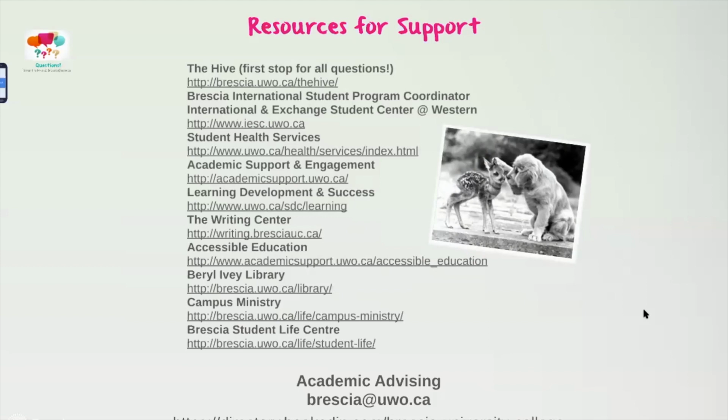Western also houses some other support services like our student health services. They have a medical clinic there where you can meet with a family doctor, as well as different mental health supports too. And then the academic support and engagement includes a few different resources like the Learning Development and Success Center.